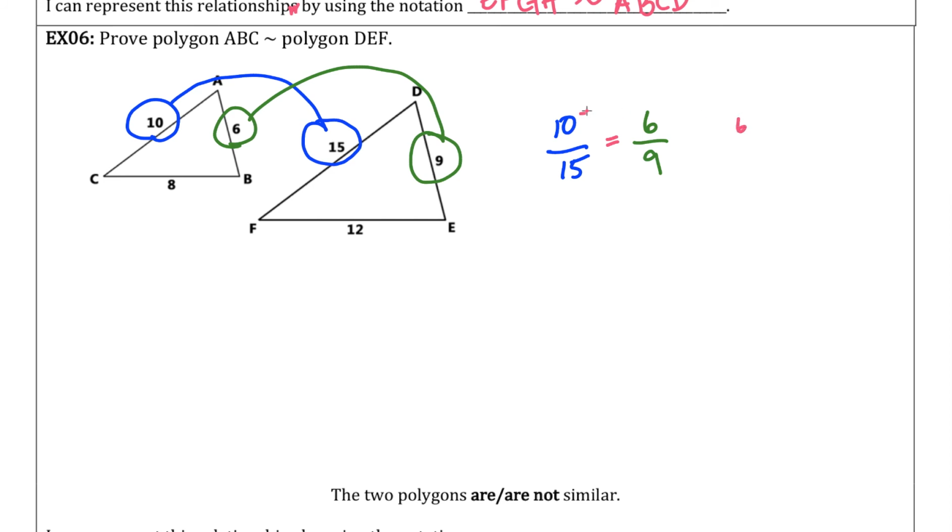So let me do this. 6 divided by 10 and 9 divided by 15. 6 divided by 10 is 0.6. 9 over 15. 9 over 15 is 0.6.